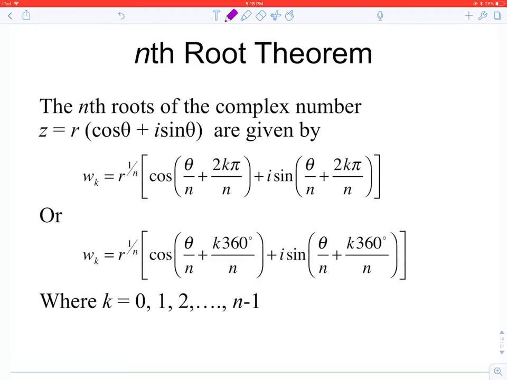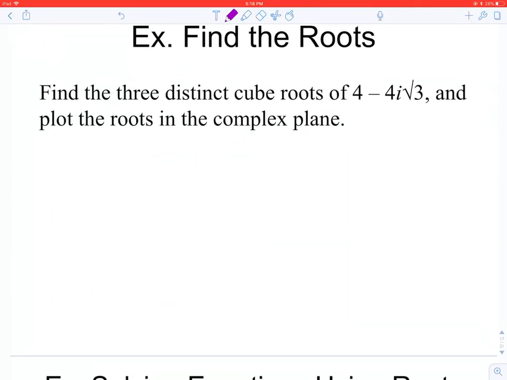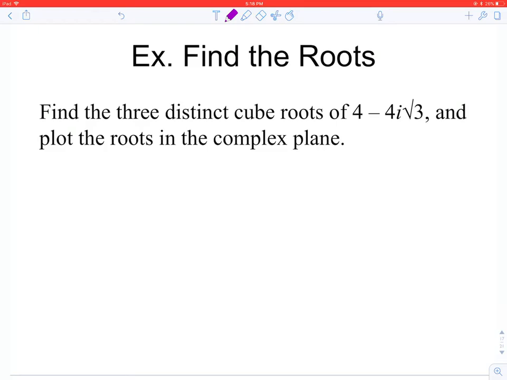So we'll have r raised to the 1 over n power times cosine of theta plus 2k pi divided by n, plus i sine of theta plus 2k pi over n. Now, I put the two formulas on here just to have the one for if the angle is in radians versus in degrees.